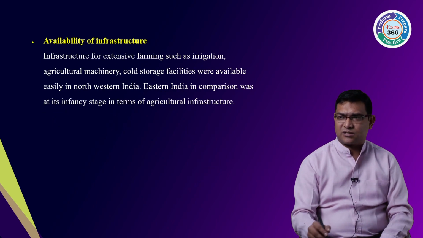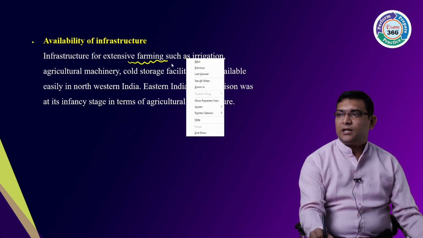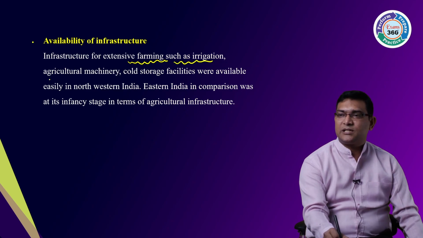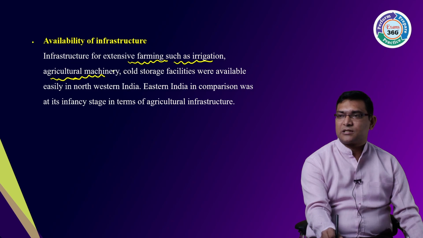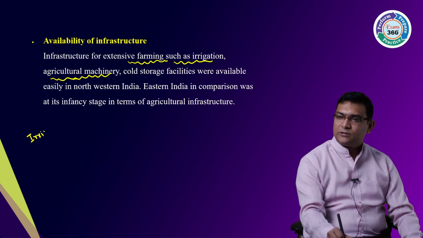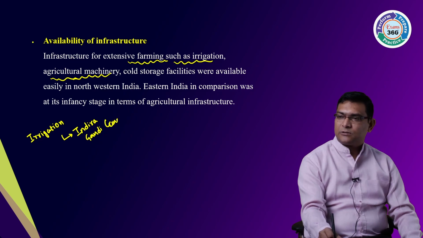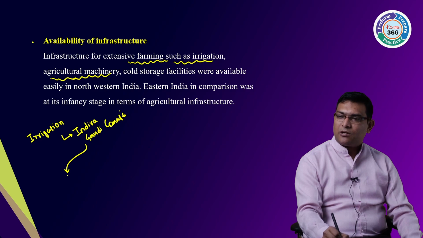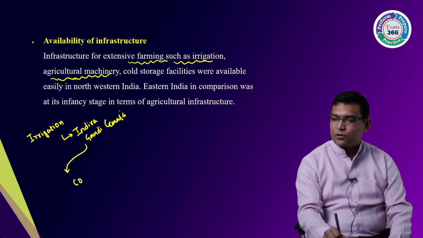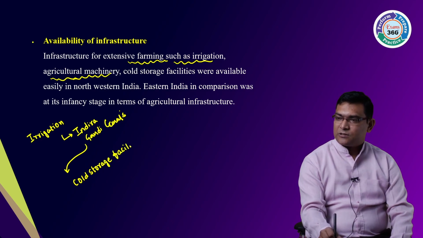Then availability of infrastructure. Infrastructure for extensive farming, such as irrigation and agricultural machinery. Even infrastructure like irrigation facilities was available: canals, the Indira Gandhi canal. Number one. Then machinery and cold storage facilities were also there.